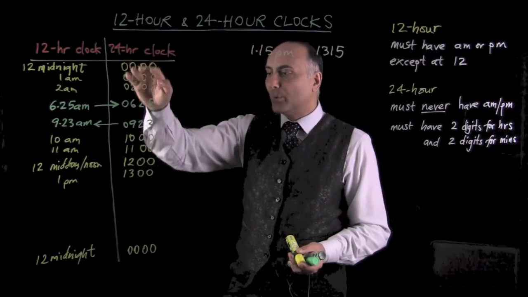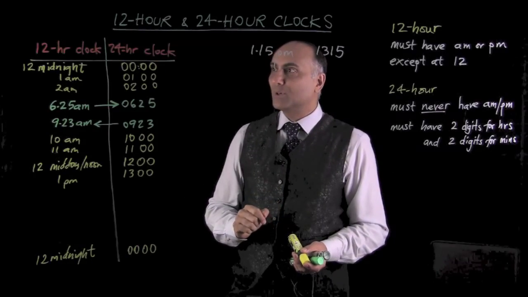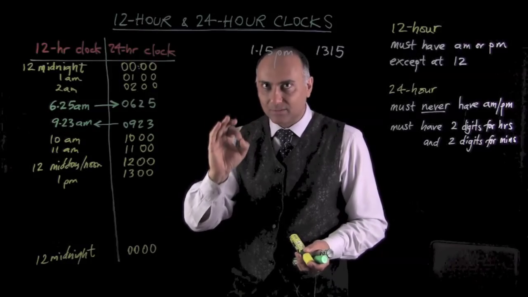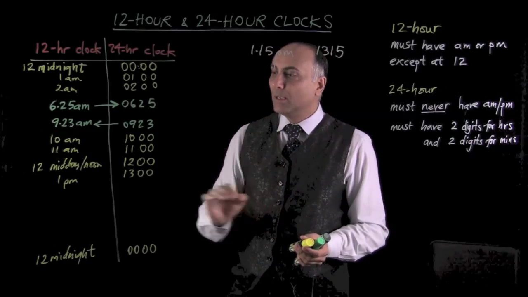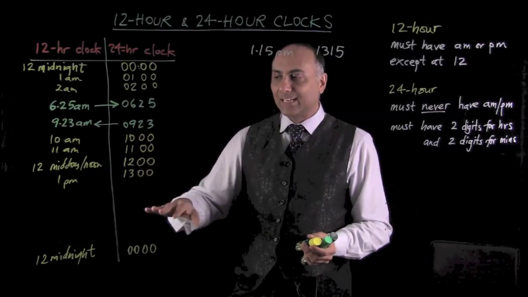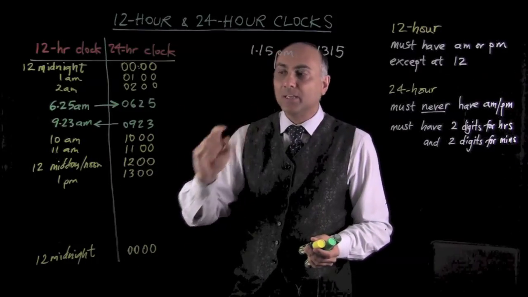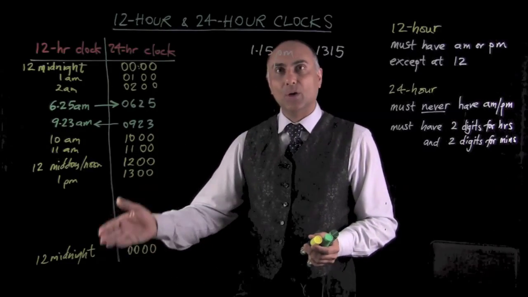Whereas here, we go all the way up to 24. I'll contradict myself shortly because you never actually see 2400. What it does, it goes back to 0. After 23:59 and 59 seconds, 1 second later, you don't see 2400. It goes back to 0 because it's the start of the next day. So you get 0000.